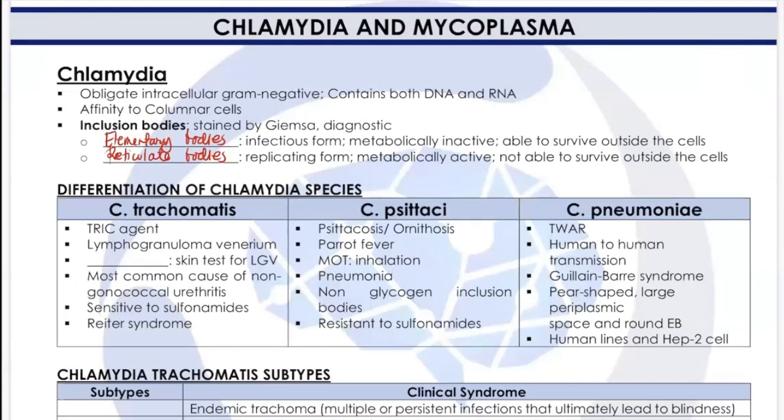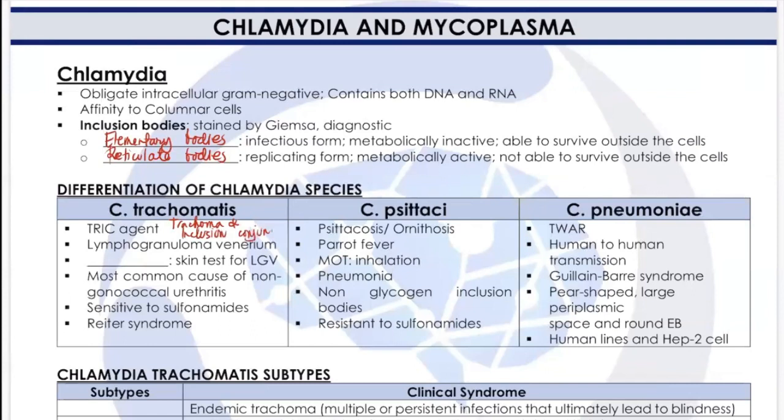Okay? So there are 3 chlamydia species. We have Chlamydia trachomatis, Chlamydia psittaci, and Chlamydia pneumoniae. So Chlamydia trachomatis is the trick agent. Trick means trachoma and inclusion conjunctivitis.